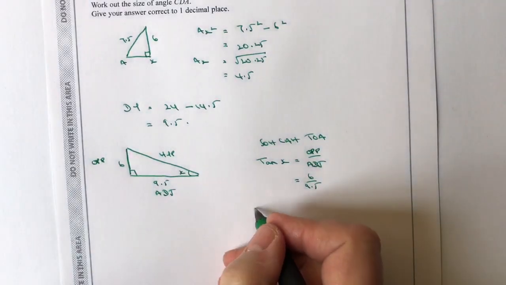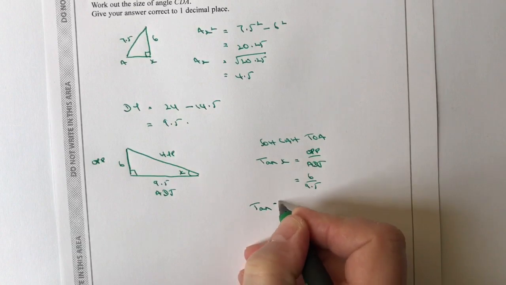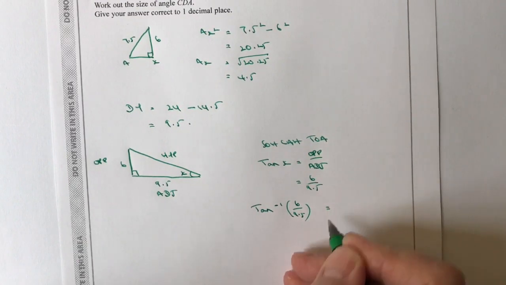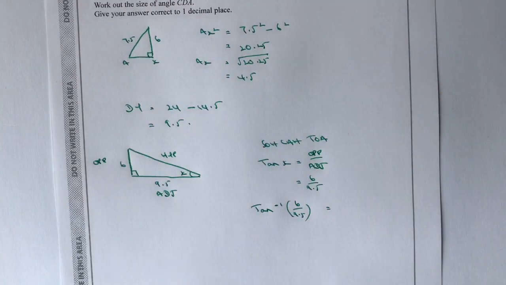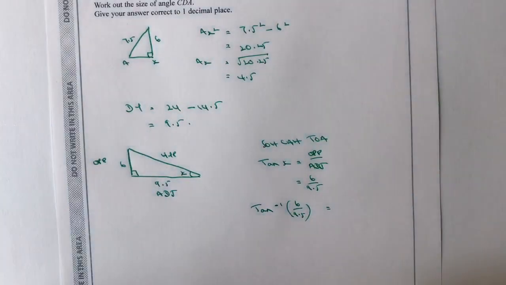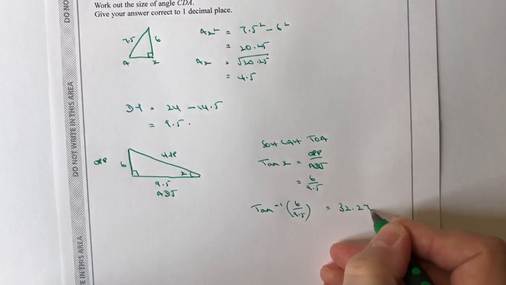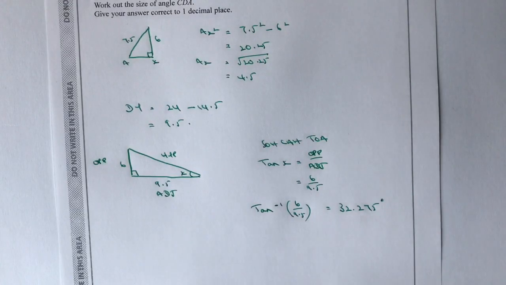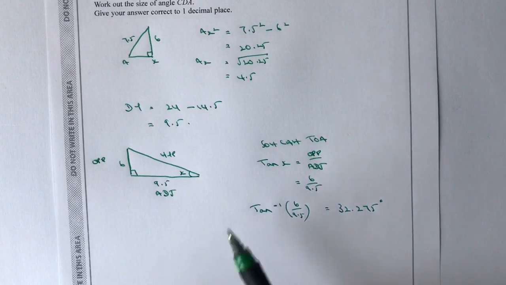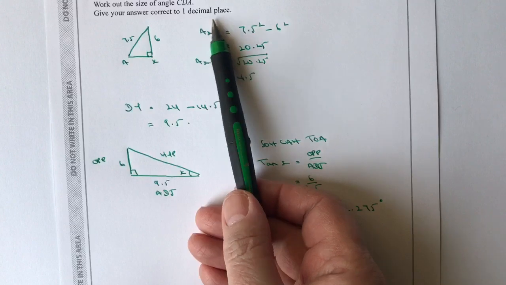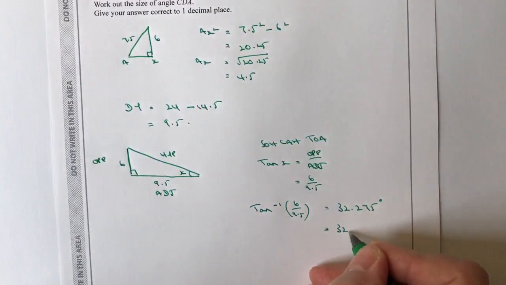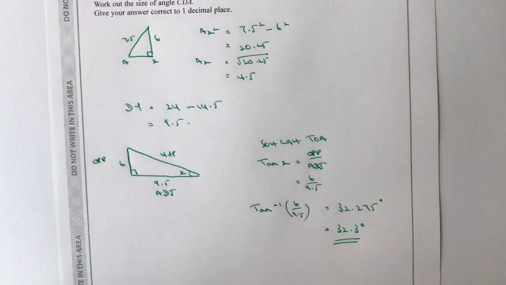You press shift to get to it, and if you type this into your calculator, it will work out the angle associated with it, which is 32.275 degrees. For the answer correct to 1 decimal place, please do go back to the question, particularly with these sorts of questions, and check the level of accuracy they're looking for. That would give you 32.3 degrees as an answer.